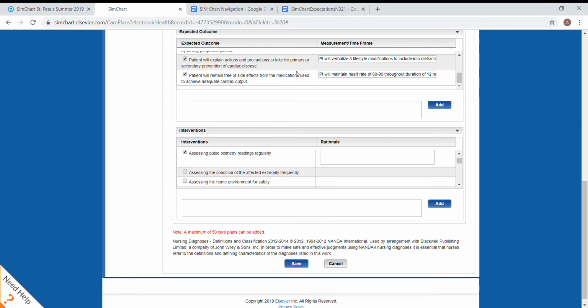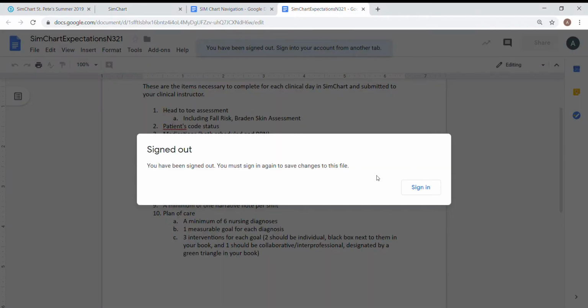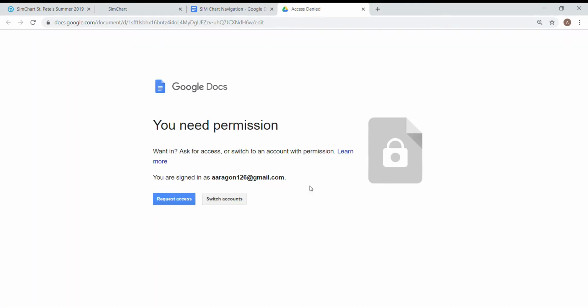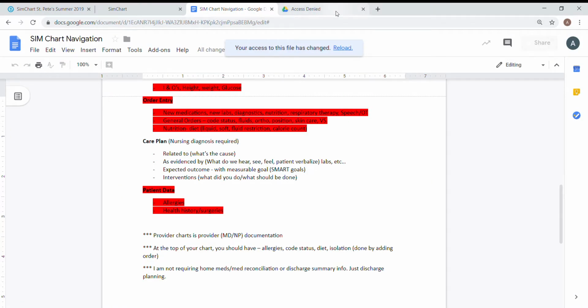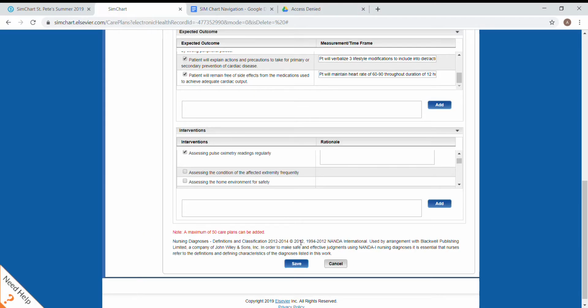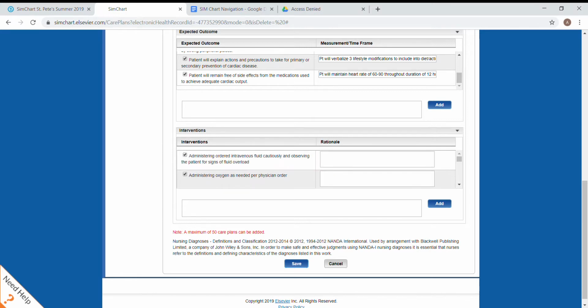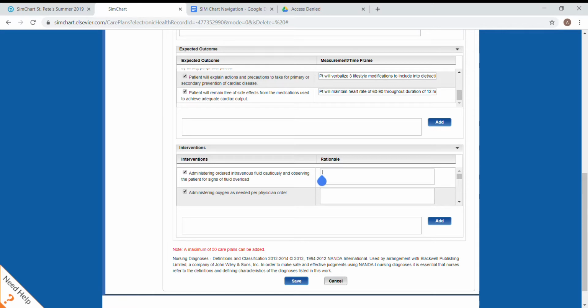And if I'm not mistaken, I believe you need to have, oops, well, that didn't work out very well. It logged me out of everything. But I'm pretty sure that you have to have at least 6 interventions. And your rationales are just as important. So what would be the rationale for cautiously giving IV fluids?